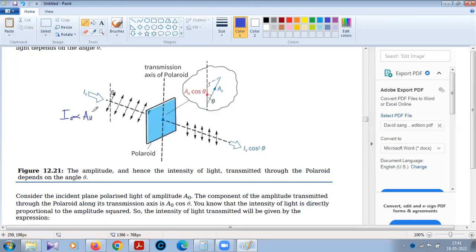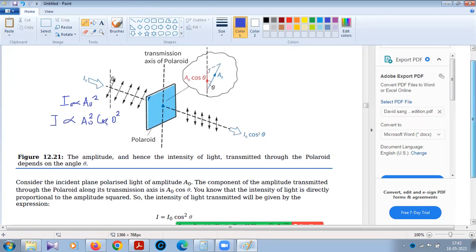After passing through this, instead of I naught we have I, and that is directly proportional to A naught cos theta, squared. That's how they are relating this.